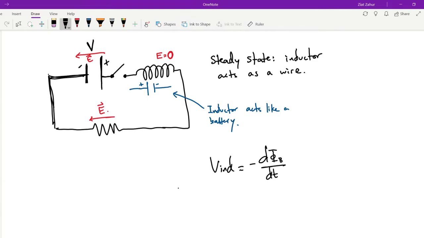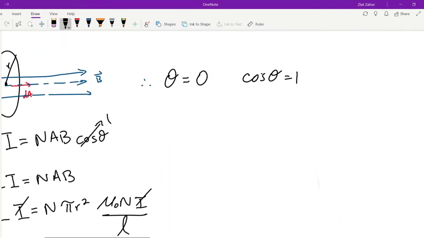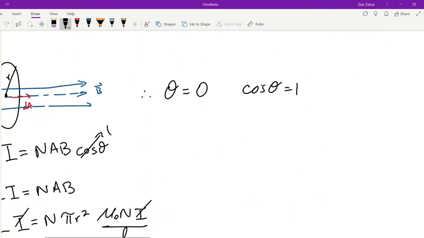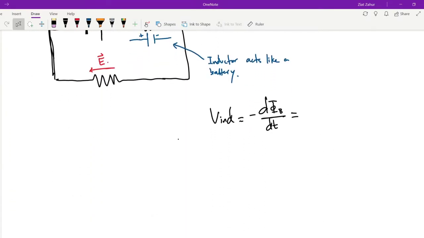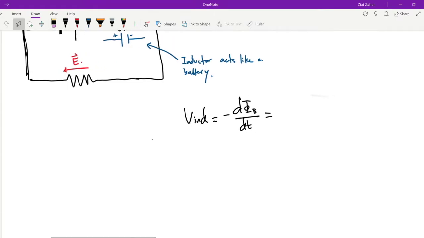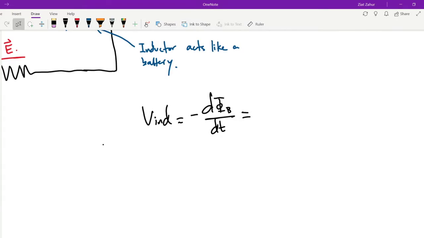Okay, and therefore we can say that based on what we wrote down earlier, the magnetic flux is proportional to the current itself. But if we want the change, then it's going to be the change of Li. Let's keep the negative sign.